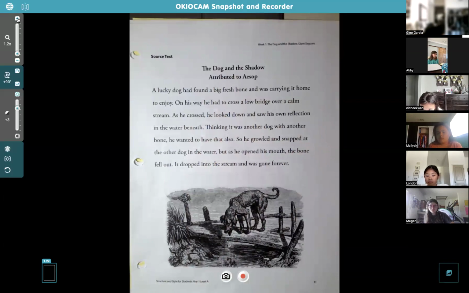Like, have you ever heard of the tortoise and the hare? Remember, they're in a race. The hare, the rabbit, is kind of cocky. He's like, I'm going to win this race. I'm so much faster than you. There's no way you're going to win.